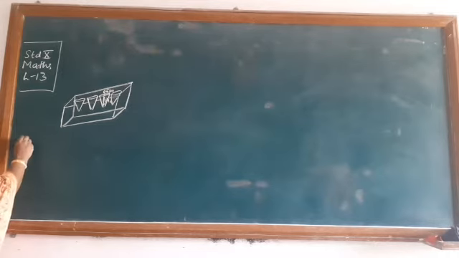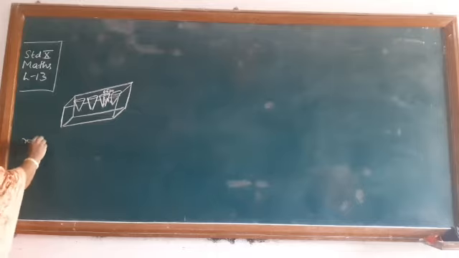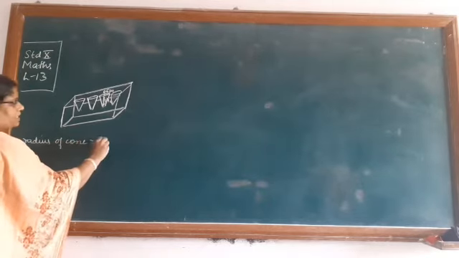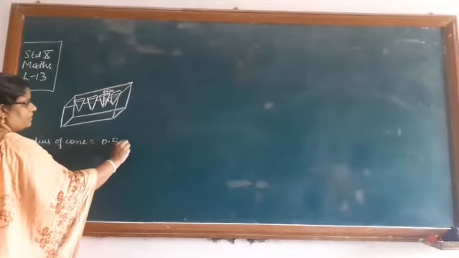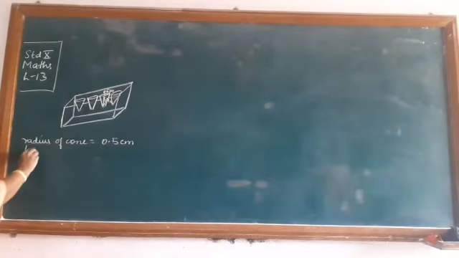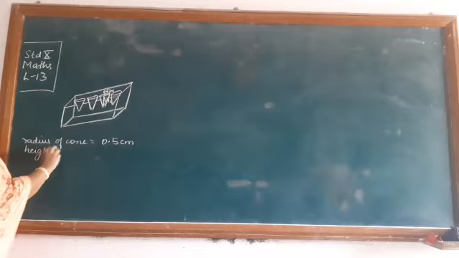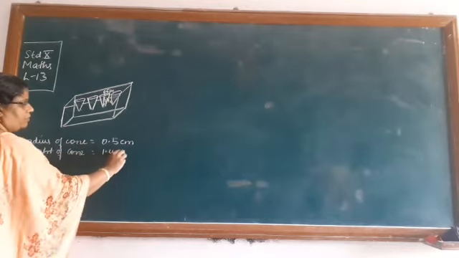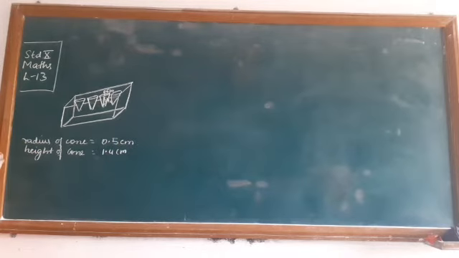So, radius of cone is given as 0.5 centimeter. Height of the cone is given as 1.4 centimeter. This is given to you.